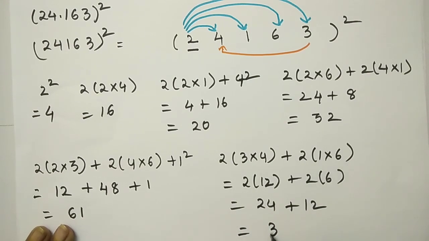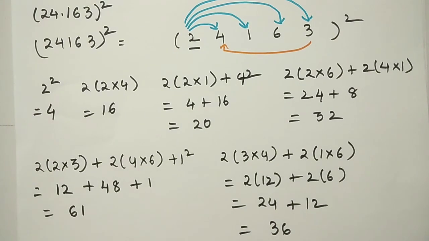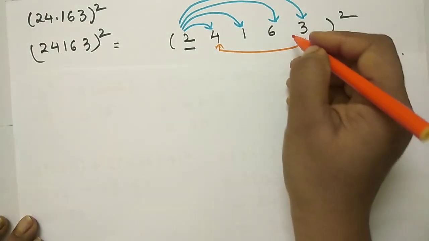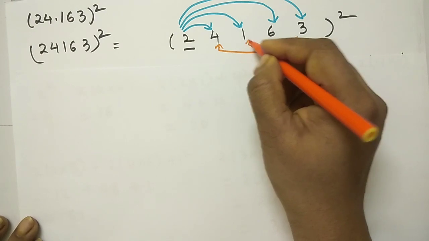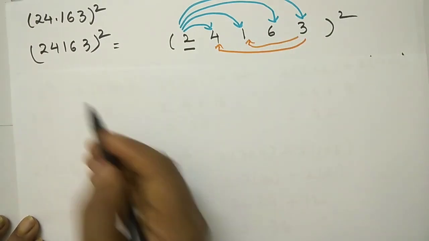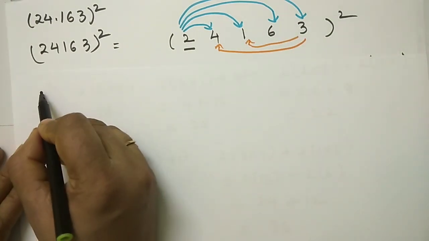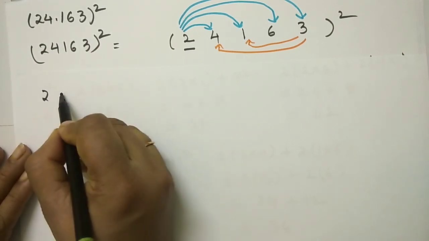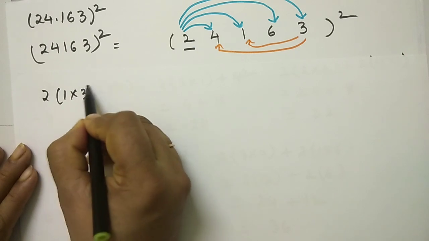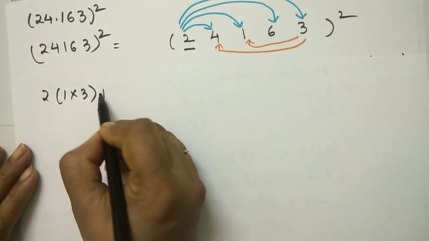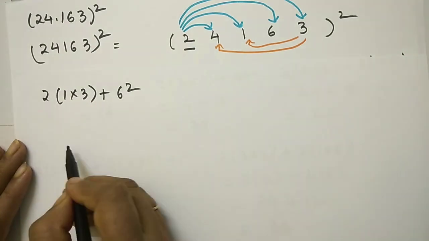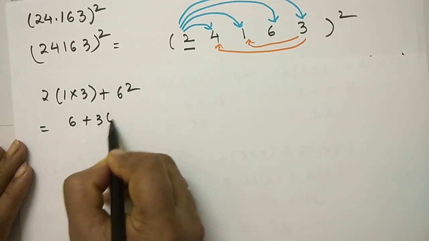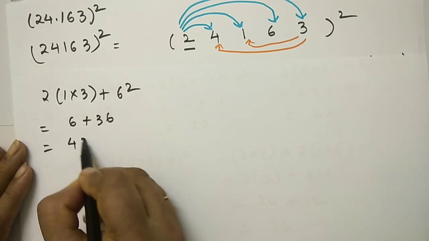This is equal to 36. Now you have to calculate 1 into 3. Two into 1 into 3, in the middle you are having 6, so the square of that number, 6 square. This is equal to 6 plus 36 equal to 42.